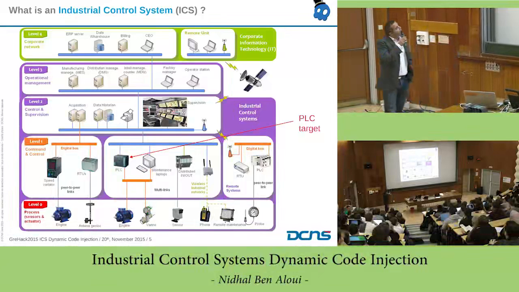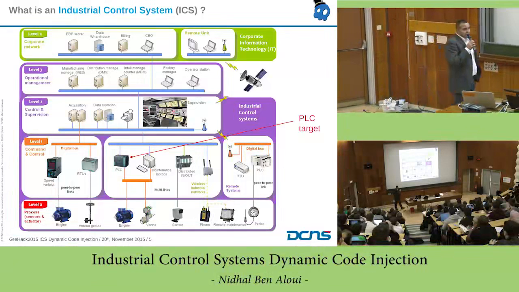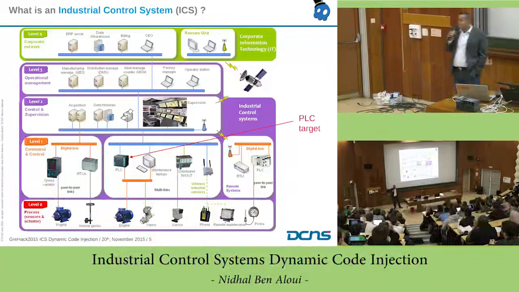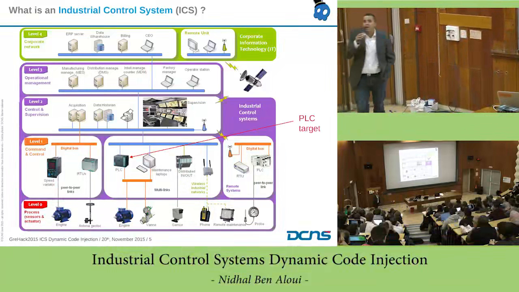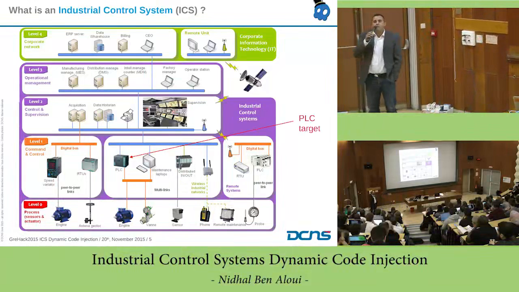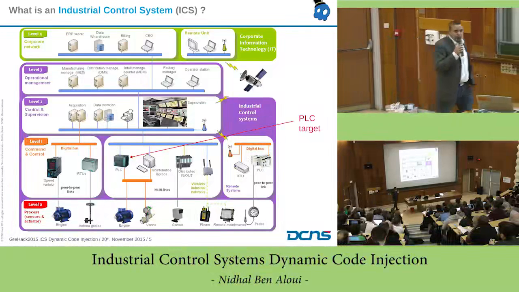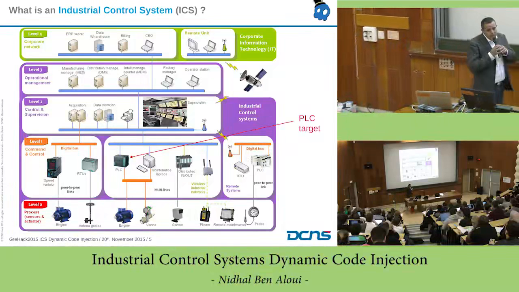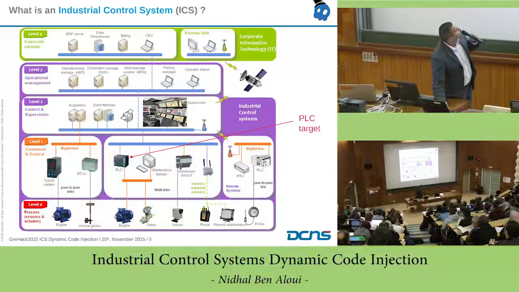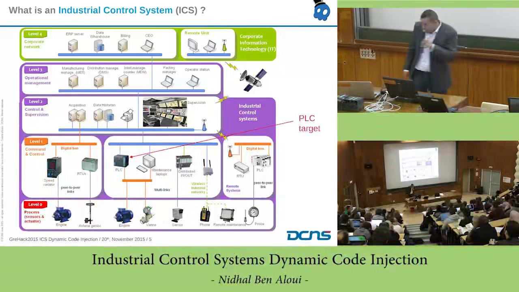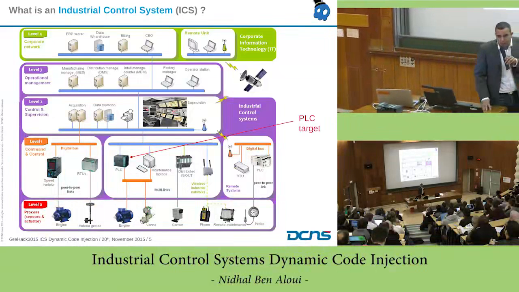And the next level is the corporate network, so we can talk about IT, but we have more and more CEOs who want information on the engine, the quantity of fuel on the ship, and more information collected from the whole factory in real time. So that's why we generally have a connection between the SCADA and the corporate IT. We can talk about this connection, but this is not the aim of this presentation.